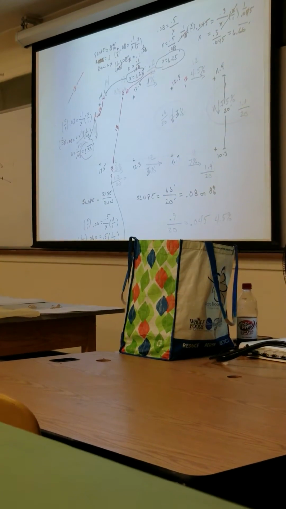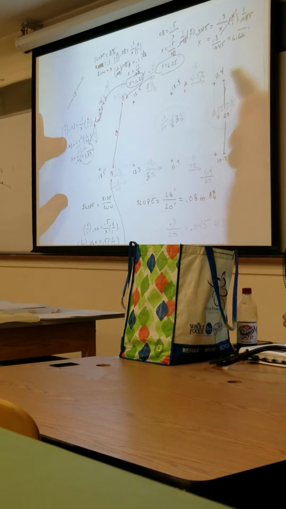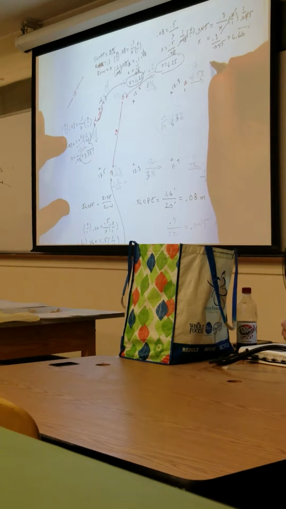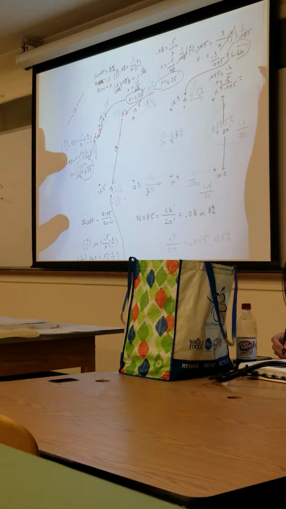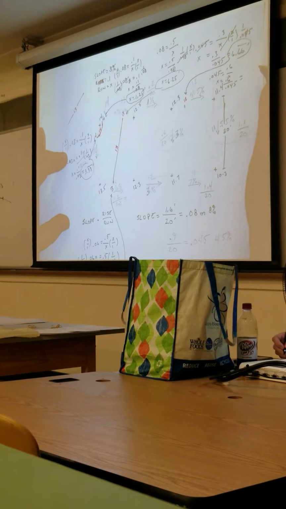To check to make sure we're right, you can do that same equation but go from the other side. So it's still 0.045, but the difference from 12 to 11.4 is 0.6 divided by x. So x is equal to 0.6 divided by 0.045, which should be 20 minus 6.6, which is 13 point something.